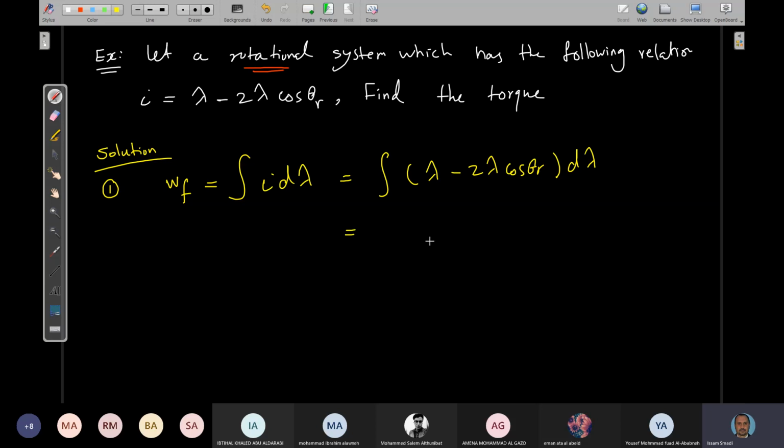Now, can you integrate this one? This is a cheesecake, very simple to integrate. This will equal 1 minus 2 cosine theta r all multiplied by lambda square over 2. Now this one is a function of what?